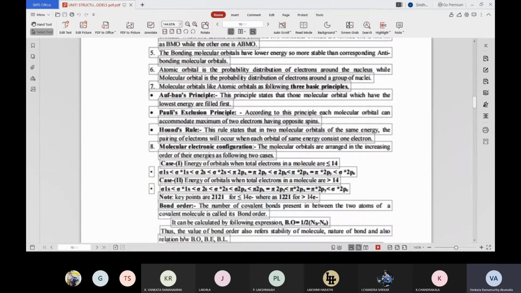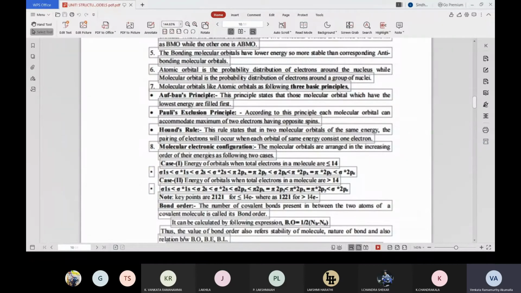The molecular orbitals are arranged in increasing order of energy as follows, divided into 2 cases. Case 1: energy of orbitals when total electrons in the molecule are less than or equal to 14.